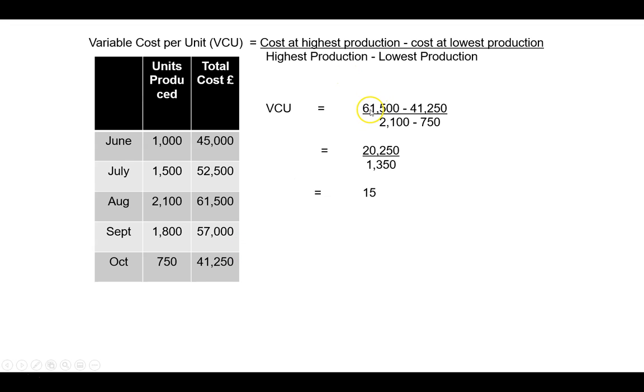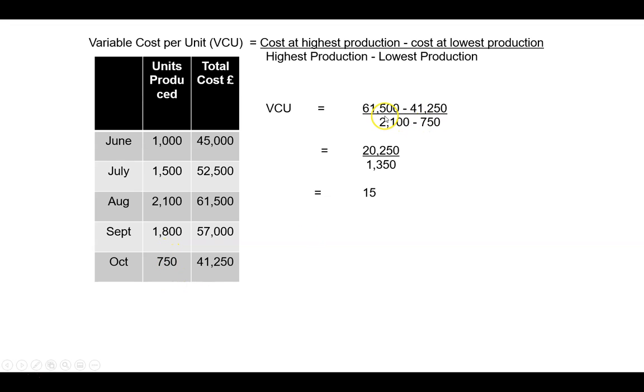So the money aspect is at the top, 61,500 for the highest production, and minus the lowest production, which is 750, and the cost is 41,250. And then we divide by the highest production itself, which is 2,100, take away your 750.